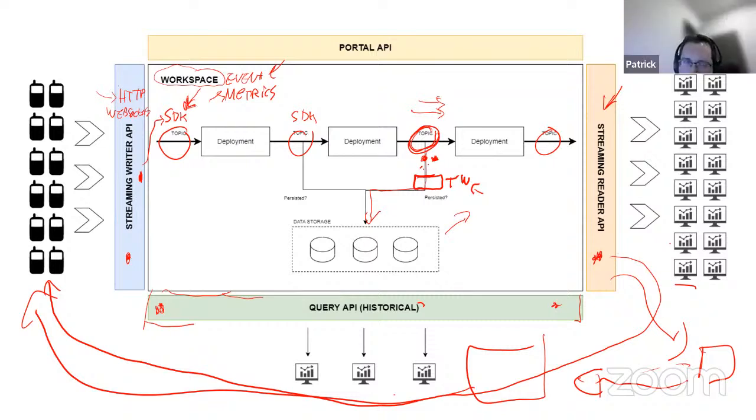Yes, and the beauty of creating this API is that it is an abstraction layer on top of this data storage, because it allows us to change the technologies that we are using to store the data.